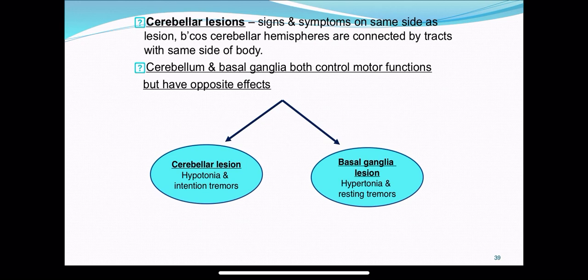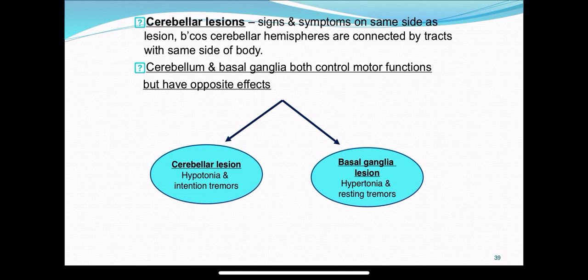Cerebellar lesion signs and symptoms are on the same side, ipsilateral. Whichever side is affected, the same side of the patient's body has the signs and symptoms, because cerebellar hemispheres are connected by tracts with the same side of the body. These tracts do not cross. Cerebellum and basal ganglia both control motor functions but have opposite effects.